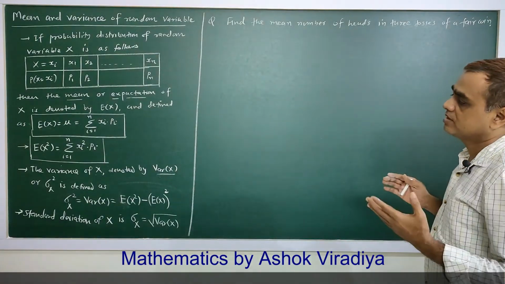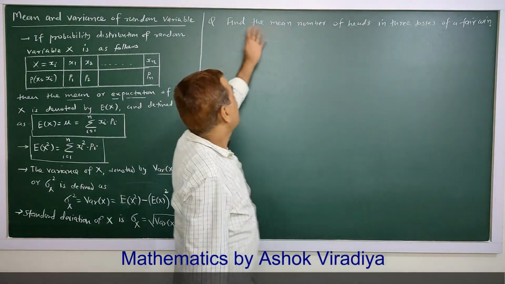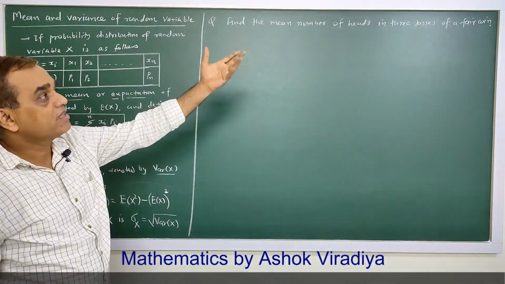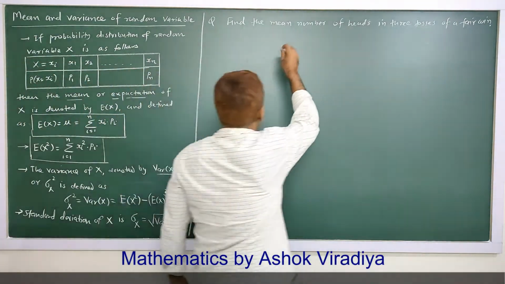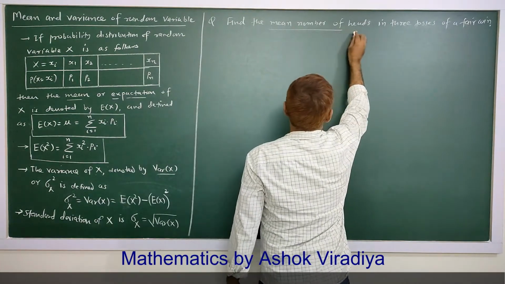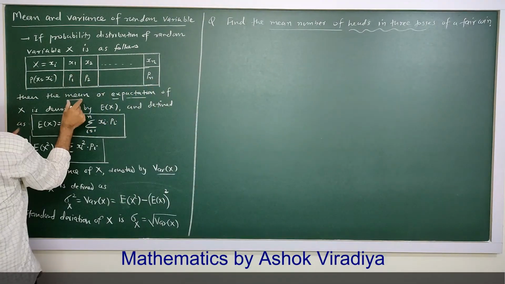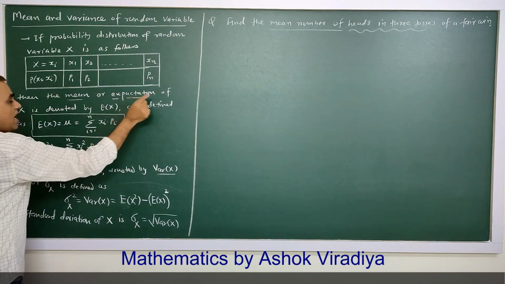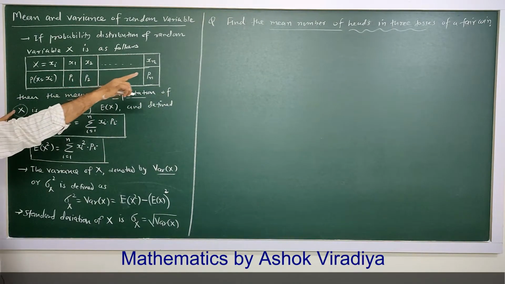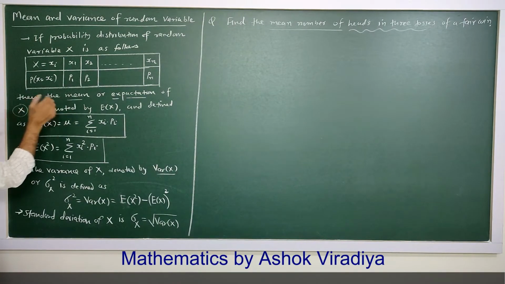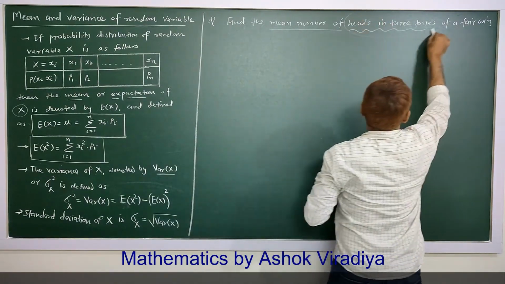Now for application of this formula, here is a question: find the mean number of heads in 3 tosses of a fair coin. Say here, find mean of heads in 3 tosses. After the word 'of', whatever is written in words in the question, that is x.